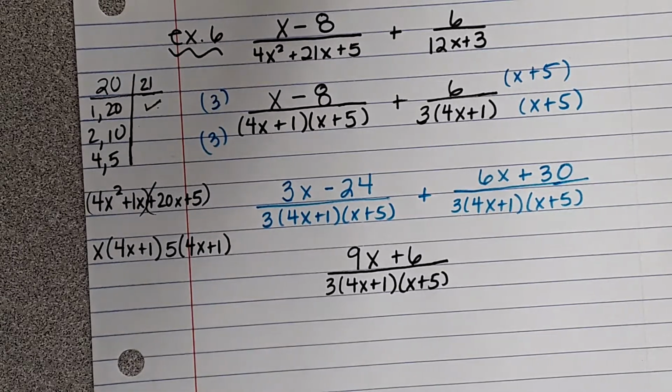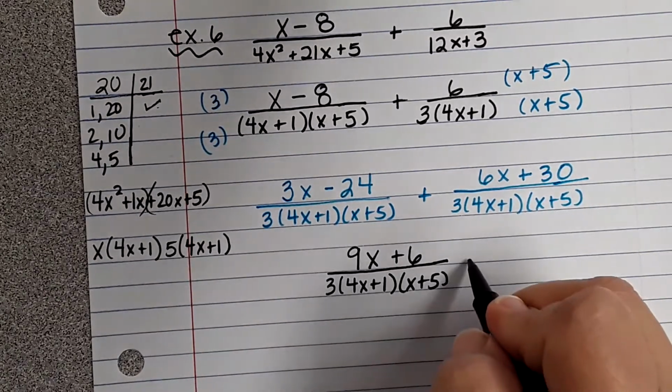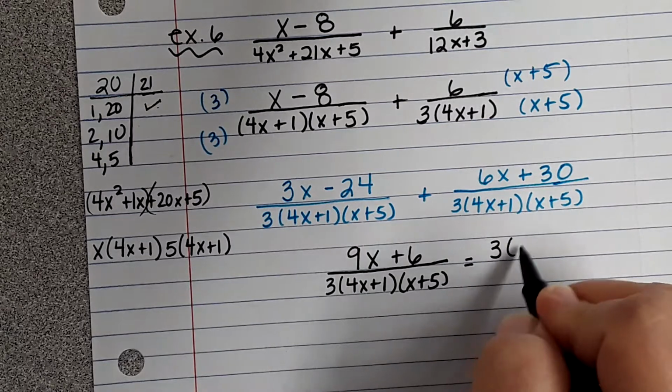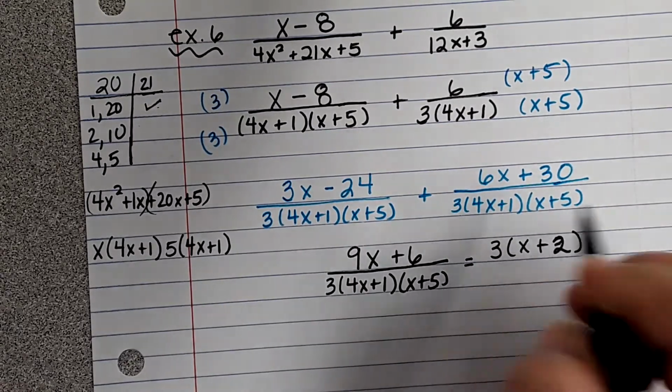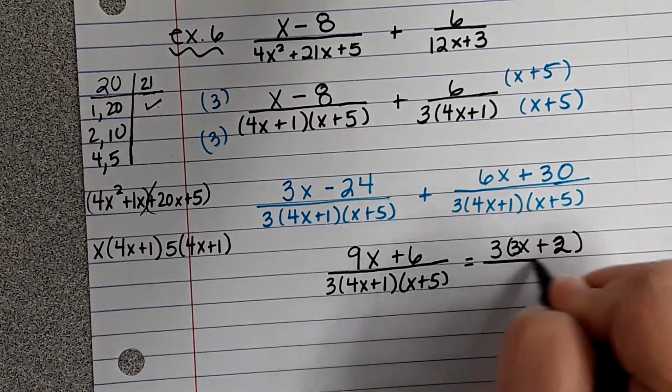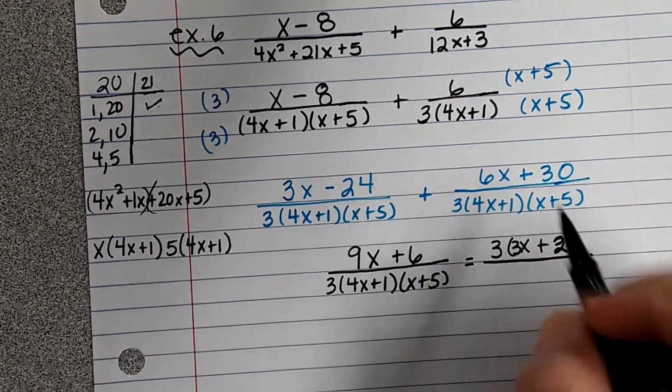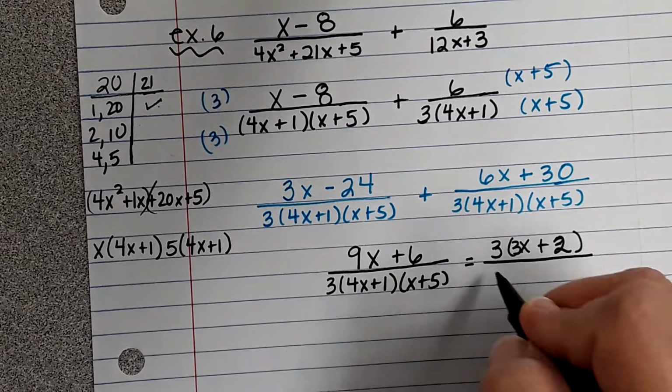There was nothing it had in common. So does 9x plus 6 have anything in common? Okay, so we're going to factor that out. 3 times 3x is 9x. 3 times 2 is 6.